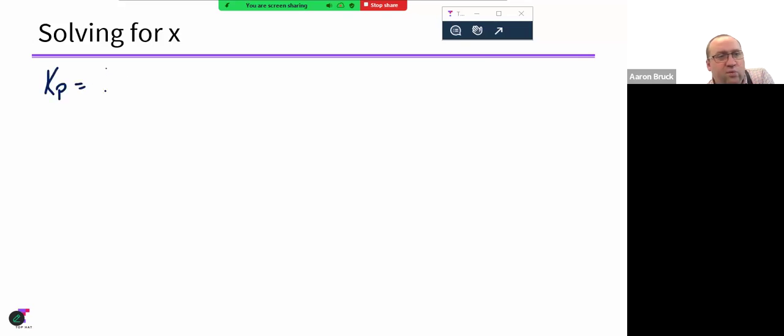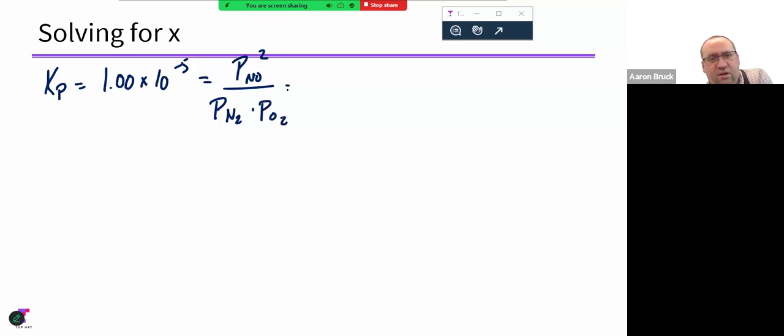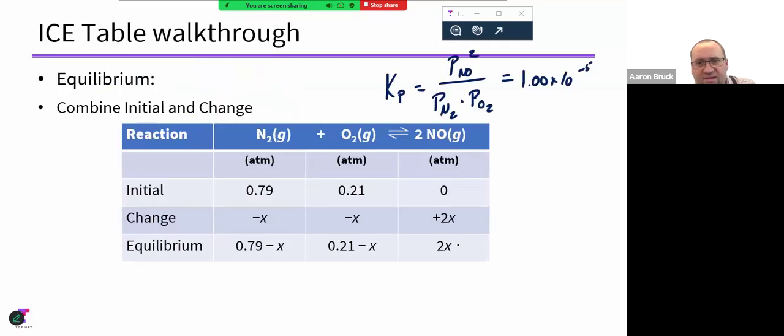Kp is equal to 1 times 10 to the negative fifth. And that's equal to the pressure of the nitrogen monoxide squared divided by the pressure of the nitrogen times the pressure of the oxygen. Now, we go back to our equilibrium lines here.